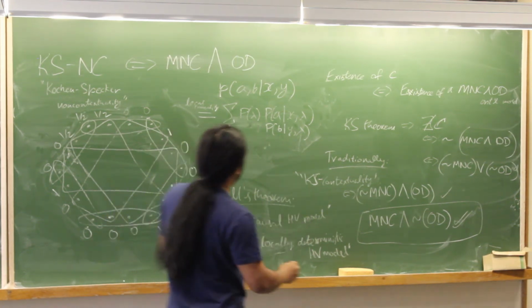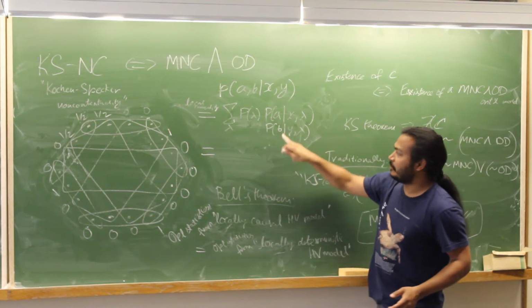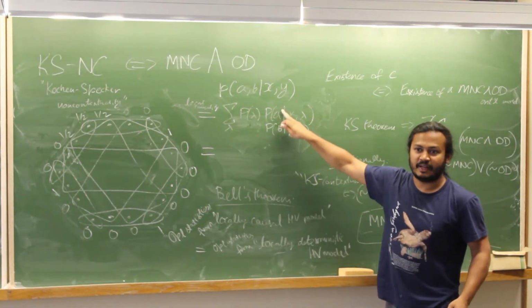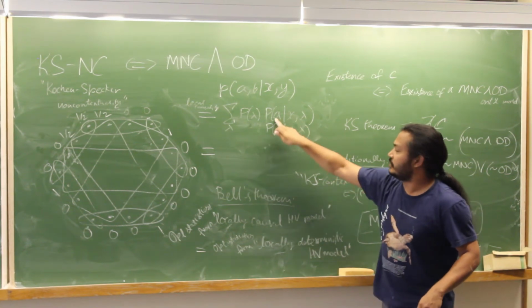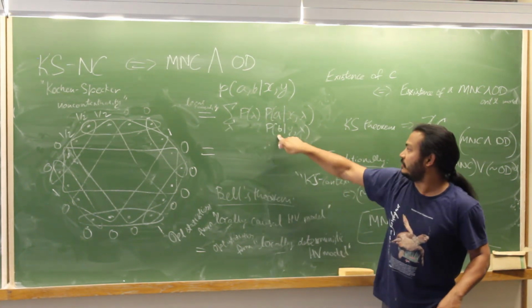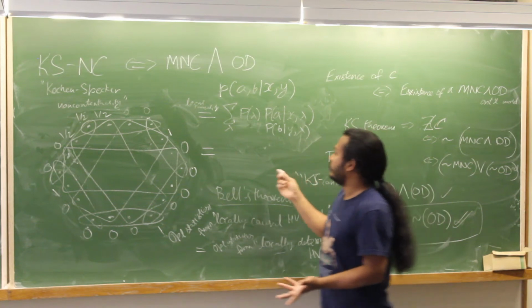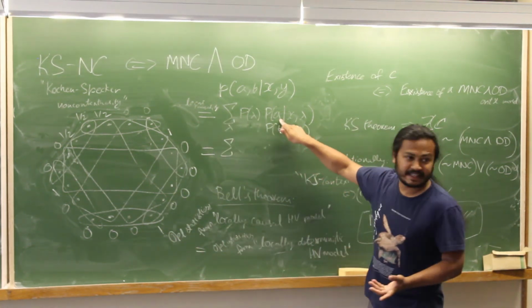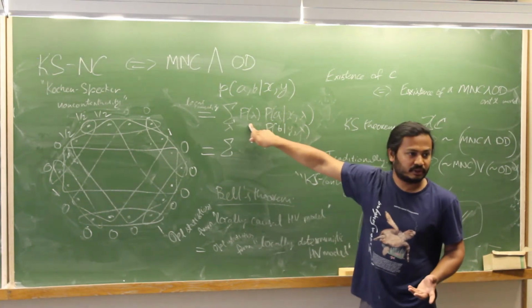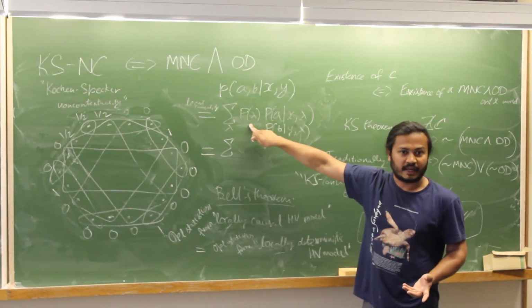So I can completely de-randomize these measurements. Imagine that these are stochastic maps, from these variables to this variable, these variables to this variable. Now all I need to do is absorb all the randomness of these into this distribution. I can always do that.